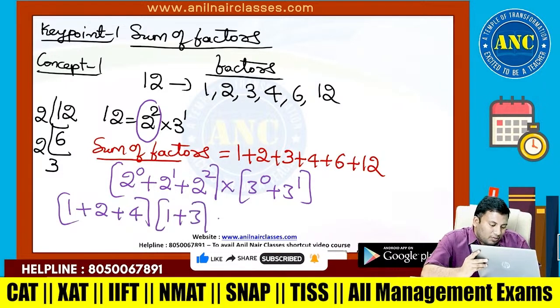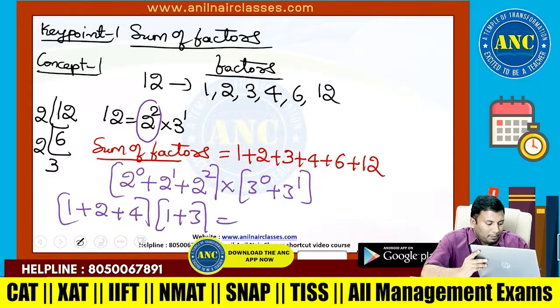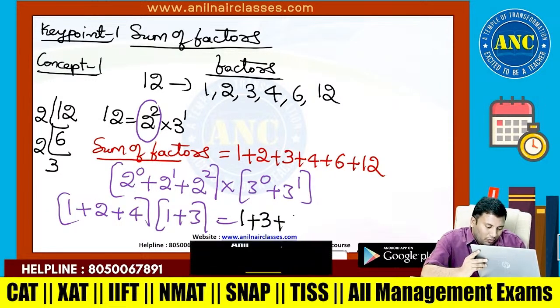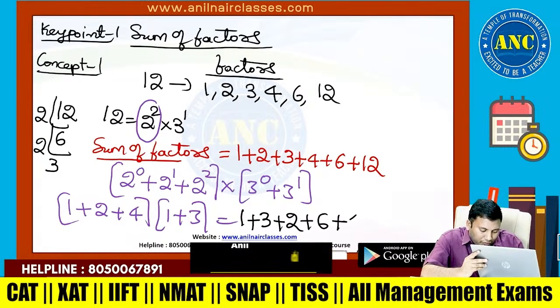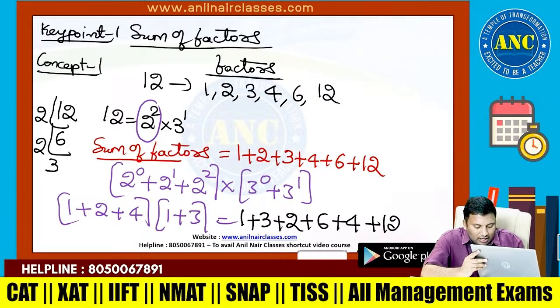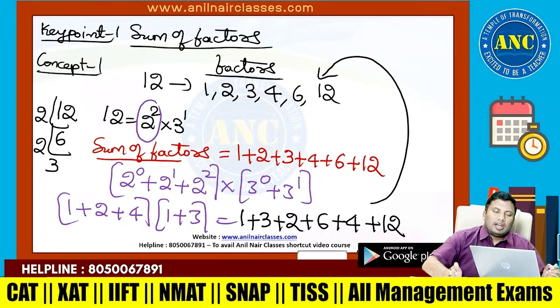Let me see what happens if I multiply these numbers: 1 1s are 1, 1 3s are 3, 2 1s are 2, 2 3s are 6, 4 1s are 4, 4 3s are 12. Can I say this is nothing but the sum of the factors?